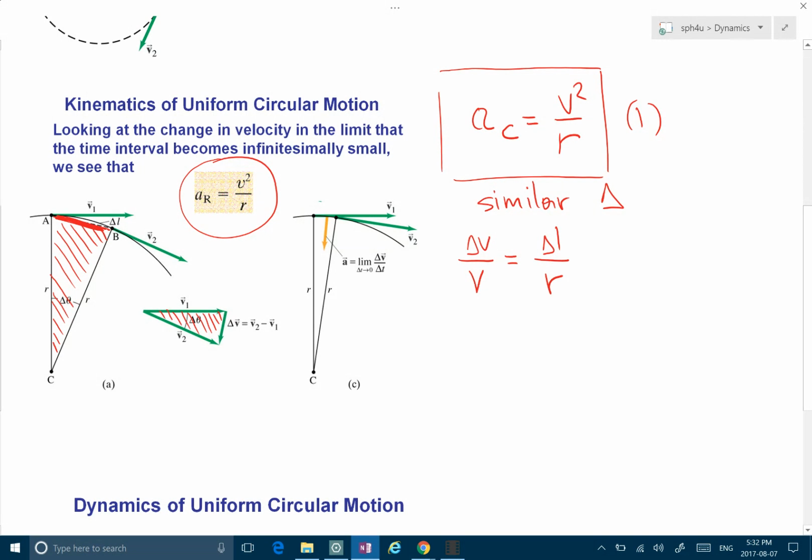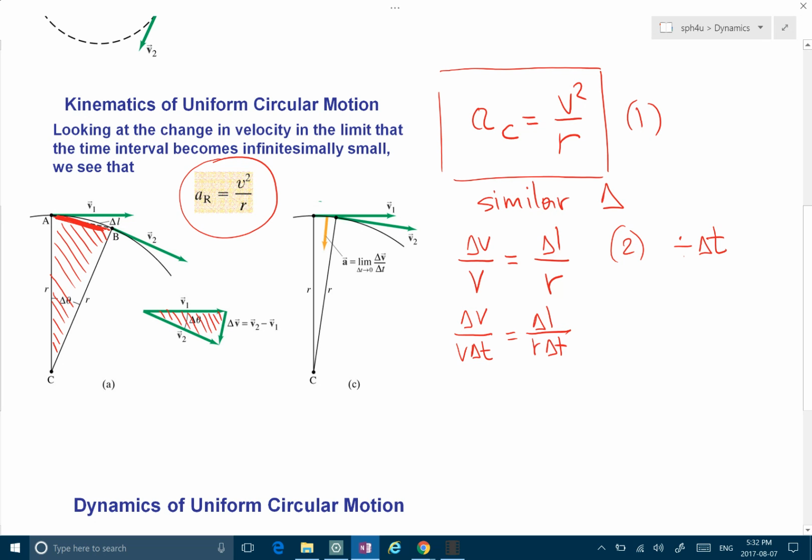And what we do here is we do some tricks. So we divide both sides by delta t, the time it took the object to go from point A to point B. So very simple, delta v over v times delta t is equal to delta L over R times delta t.